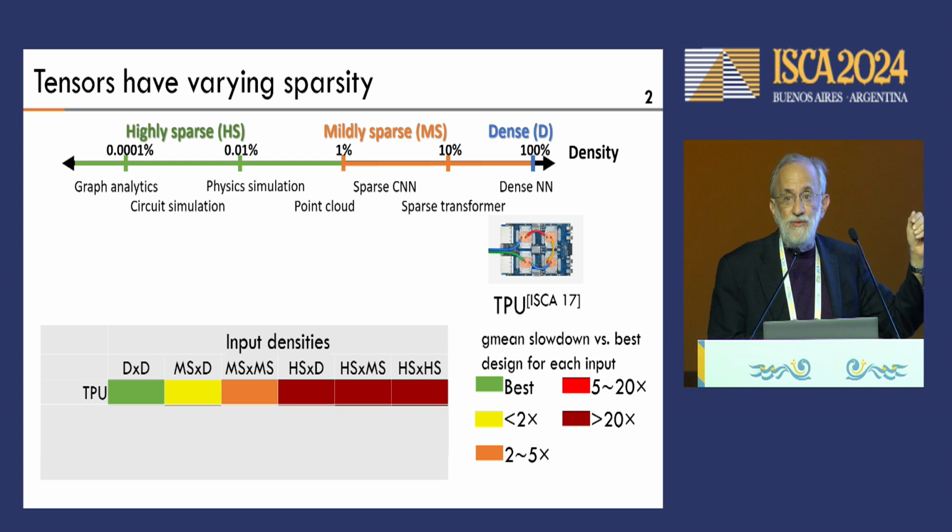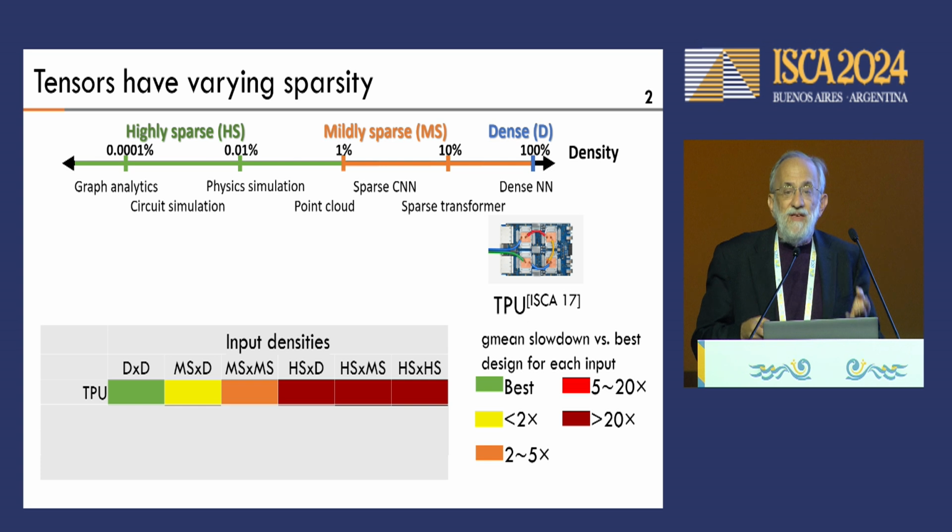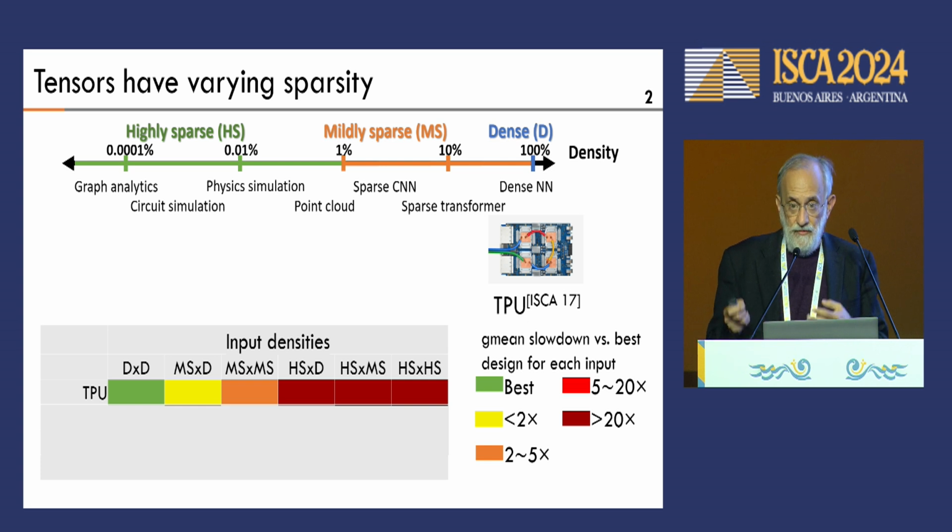The TPU, which was designed for dense computation, does best, marked in green here, on dense times dense matrix multiplication. The green represents the best accelerator speed for any design.